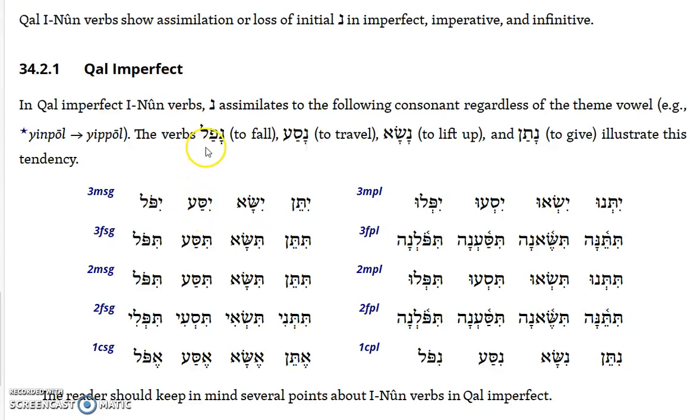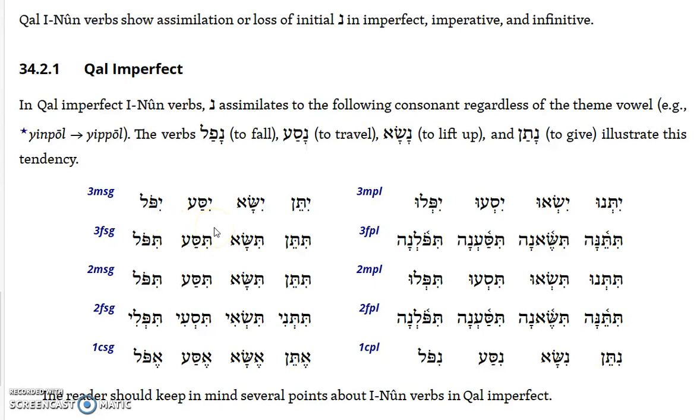So if you take the verb nafal, which happens to mean to fall, you would expect the third masculine singular imperfect to be yin-pol, with a noon in there, but then the noon is up against a pe, and being the chameleon that it is, it becomes a pe. And so instead of yin-pol, you get yip-pol, and then instead of writing the pe twice, you write it once and put a dagesh in it.